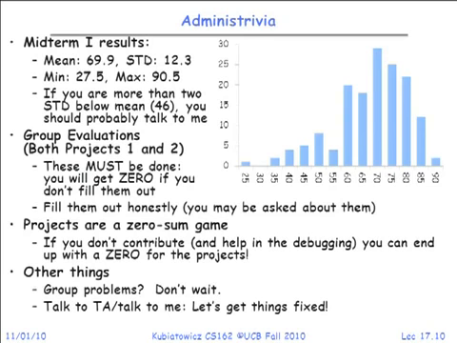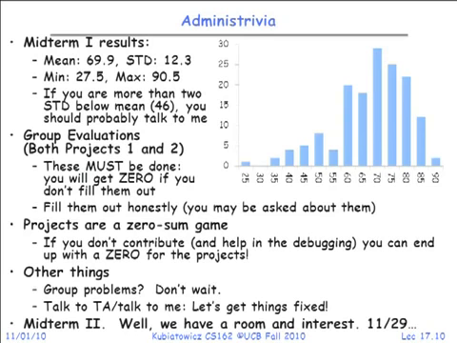Finally, I have a room for the exam. It would be 11:29. I've gotten many comments over email: please, please, please have another exam. Is there a possibility of having the final cover the midterm?